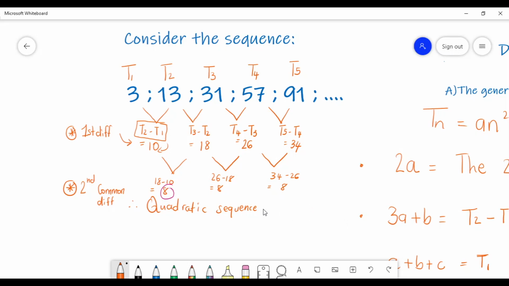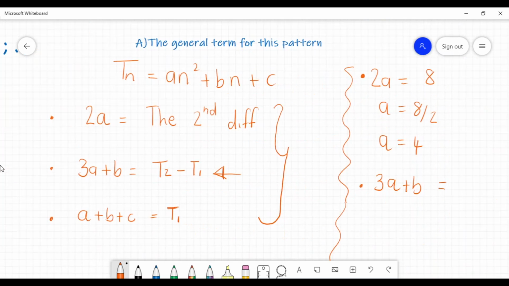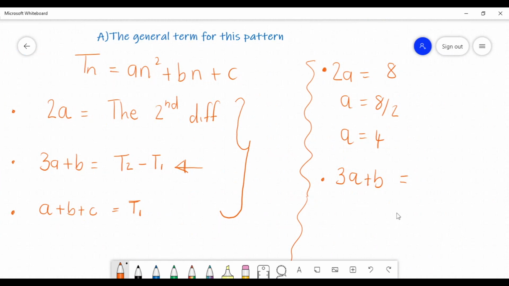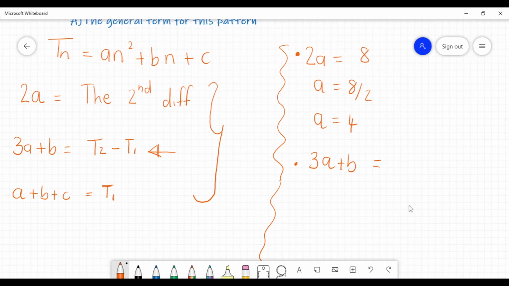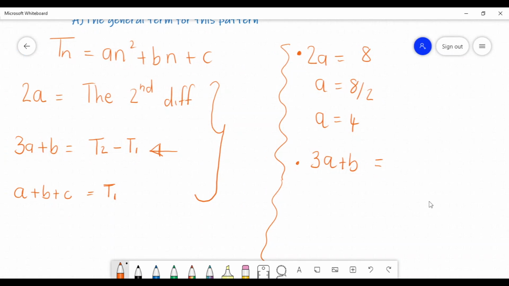All right, so we're going to substitute that 10 into our equation, right? We said 3a plus b is equal to T2 minus T1. Now T2 we said is equal to 13, right? And then our T1 is equal to 3. It's equal to 13 minus 3.